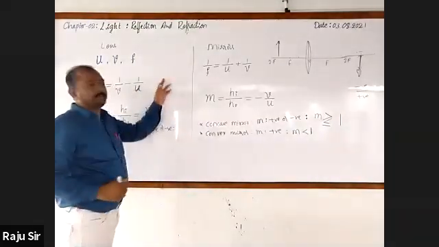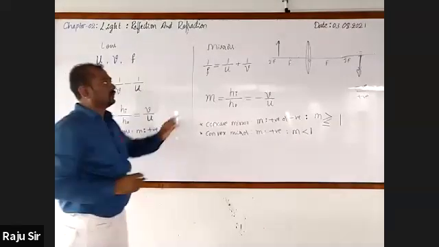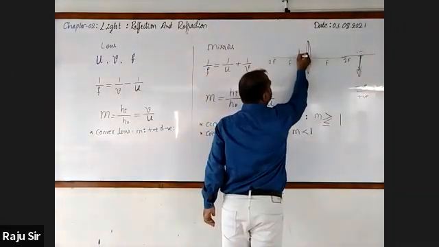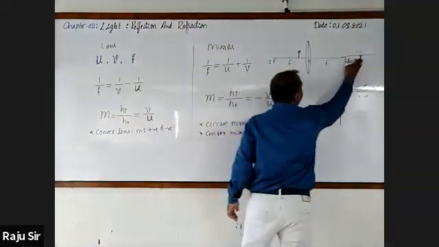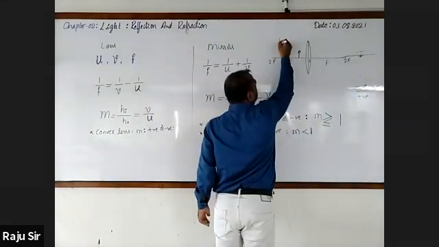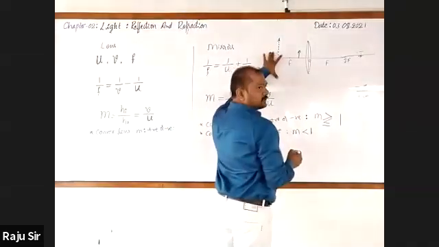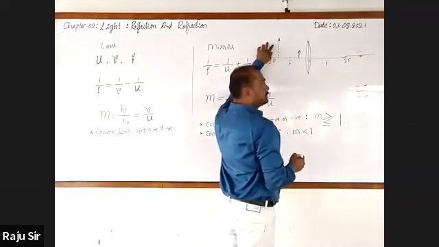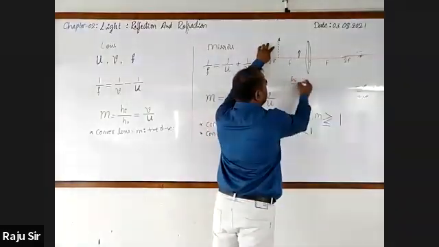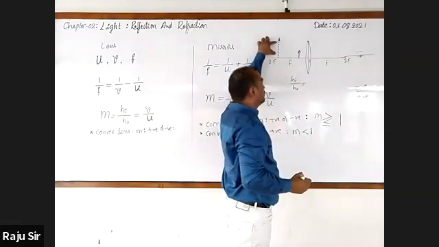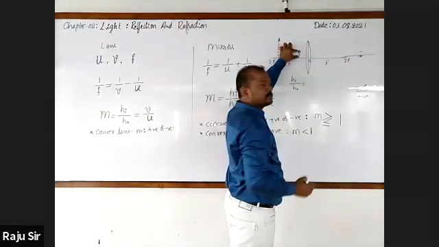We know that magnification is hi by h naught, the height of the image to the height of the object. Observe, the image is bigger and the object is smaller.